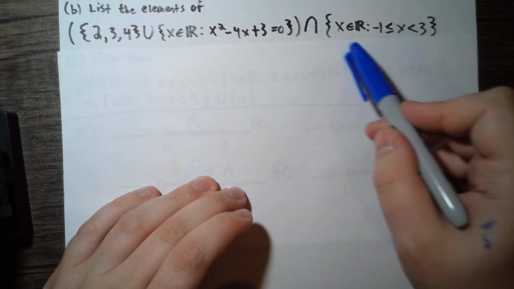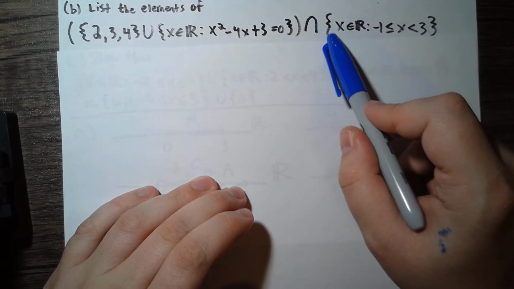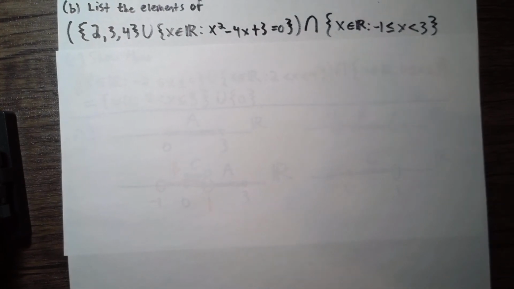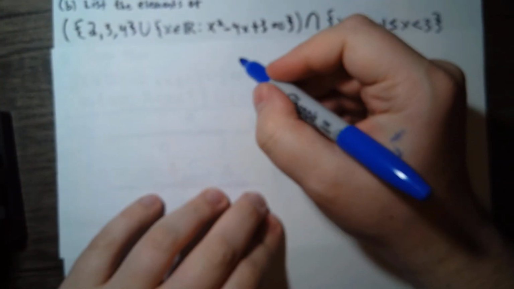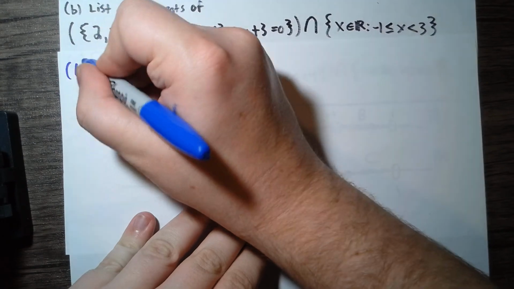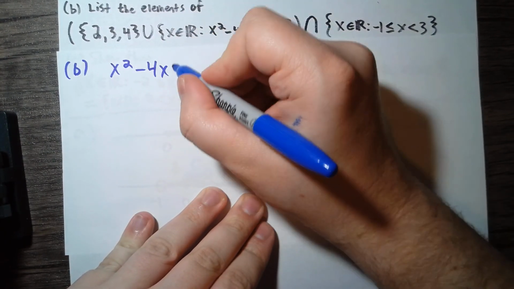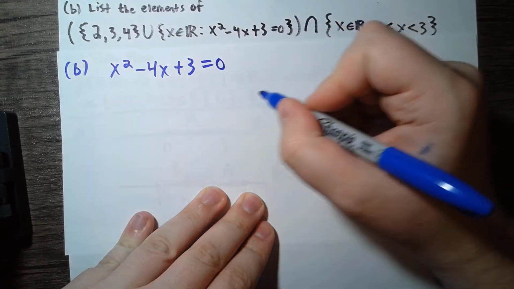And then we're going to intersect it with the interval -1 to 3. So let's first focus on solving x squared minus 4x plus 3 equals 0.